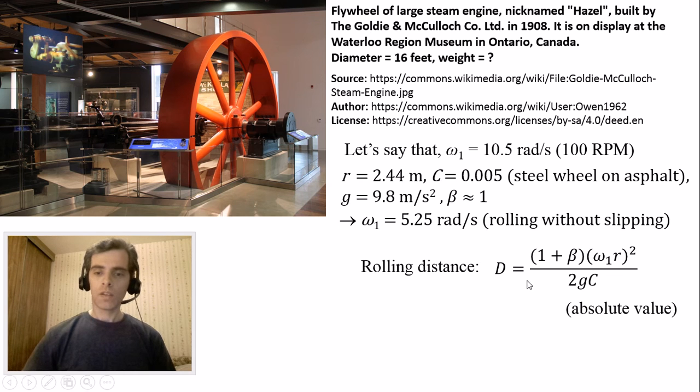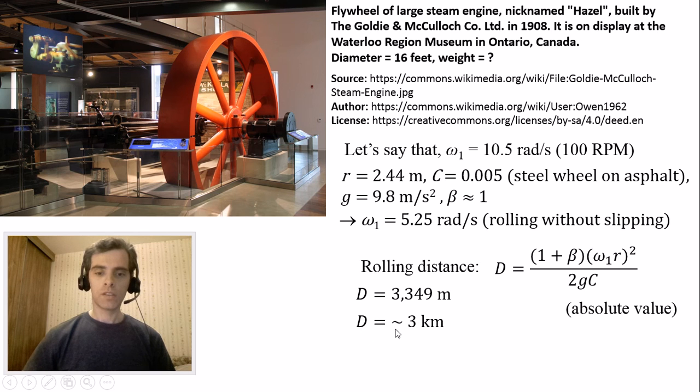Now here I'm using the absolute value of d. Before it had a negative sign in front, but that's because of the sign convention used when setting up that problem. So we can just take the absolute value. So we get that d is equal to 3,349 meters.